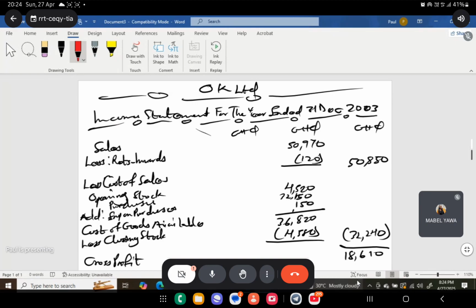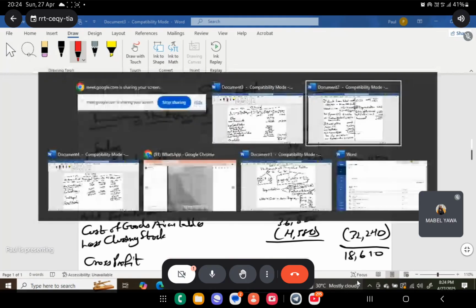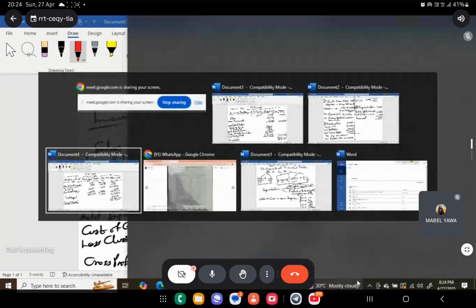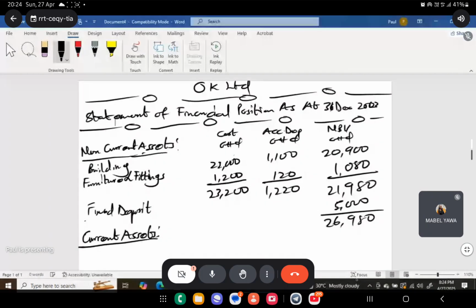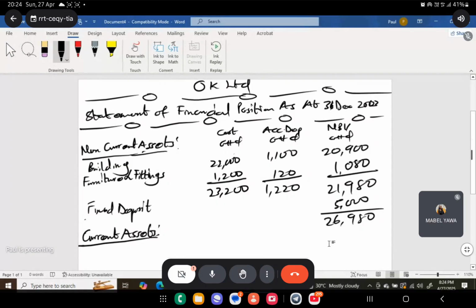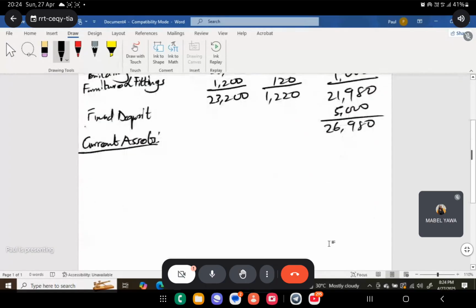The first current asset they talk about is their closing inventory, the stock.